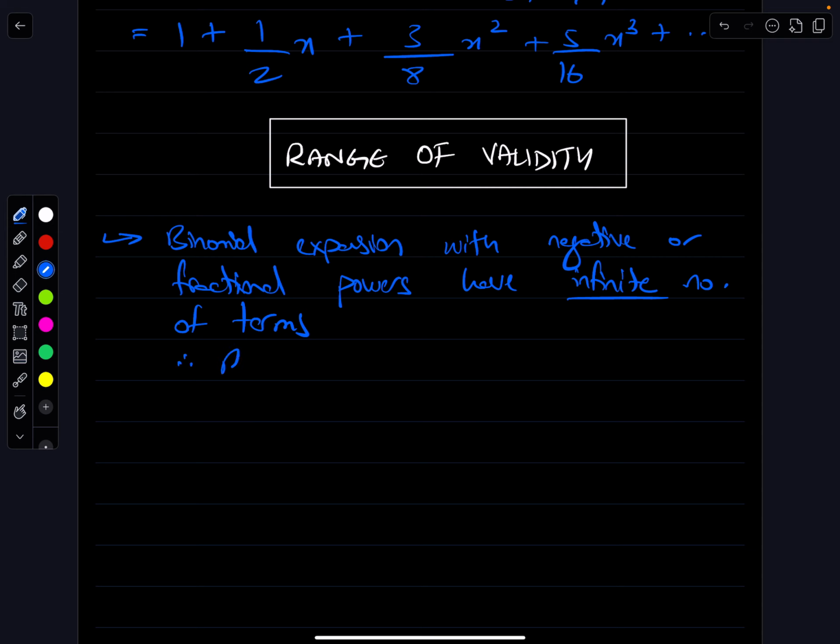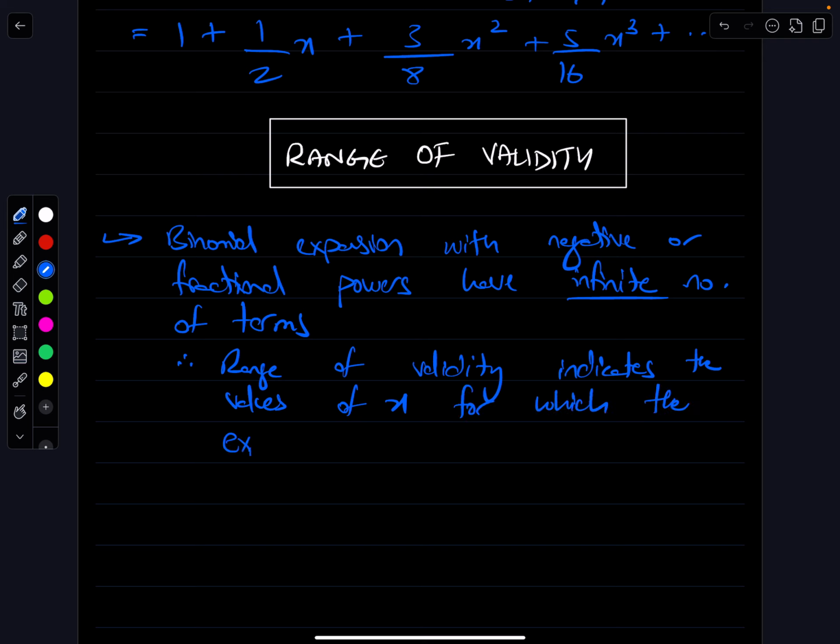Thus, range of validity indicates the values of x for which the expansion is valid.